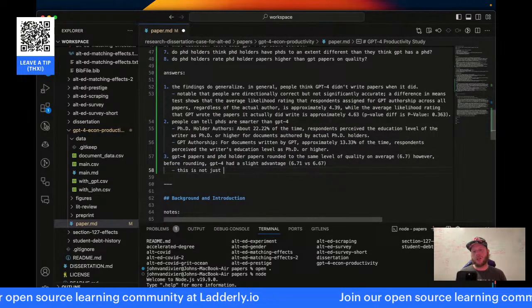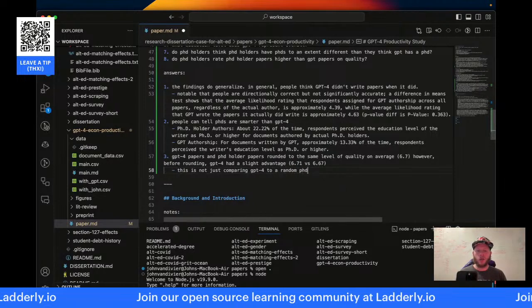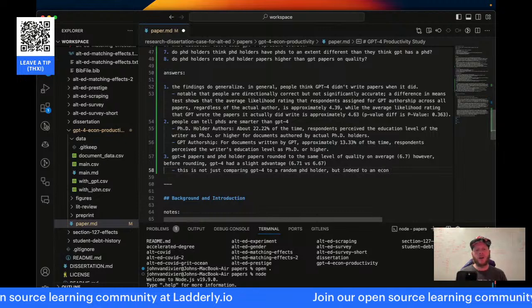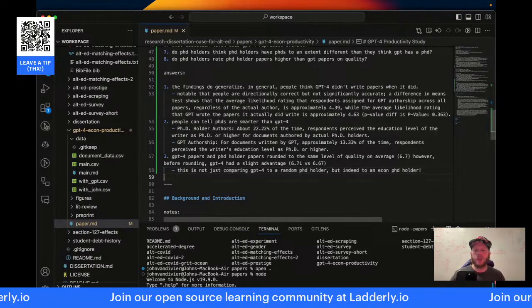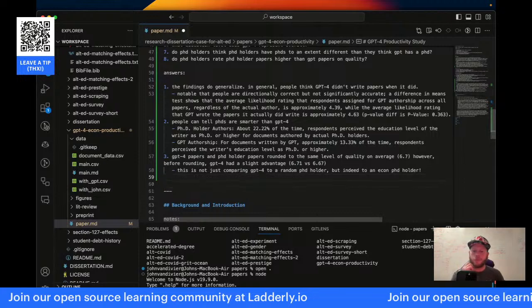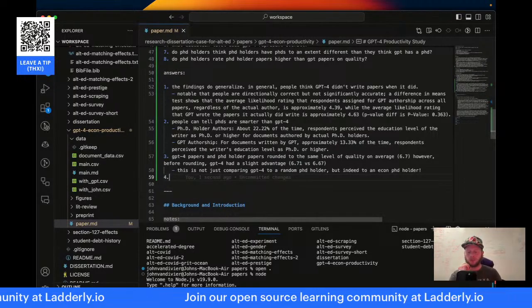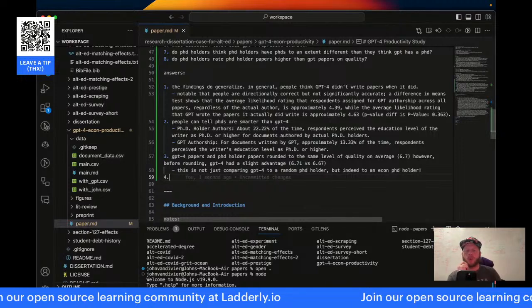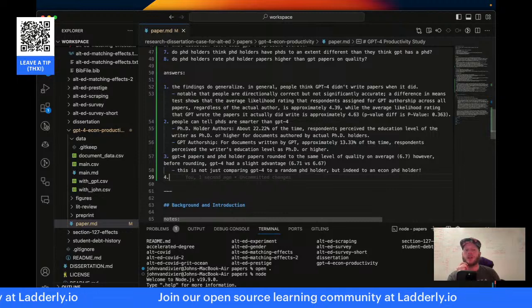This is not just comparing GPT-4 to a random PhD holder, but indeed to an econ PhD holder. That's a really big deal. GPT-4 papers and PhD holder papers rounded to the same level of quality on average.